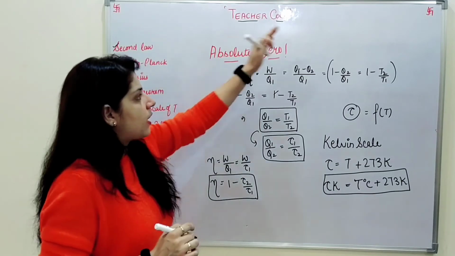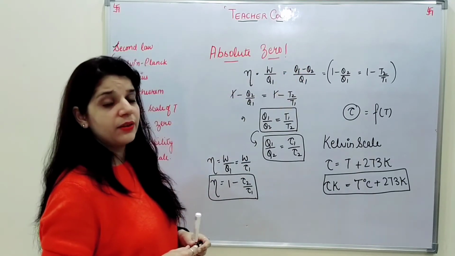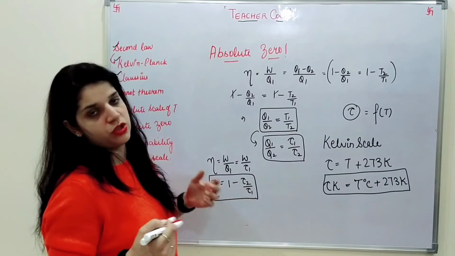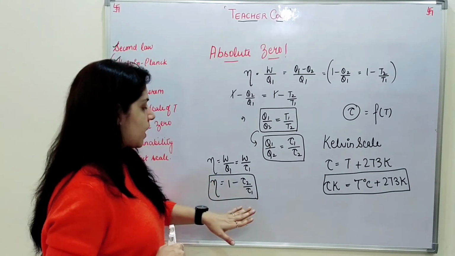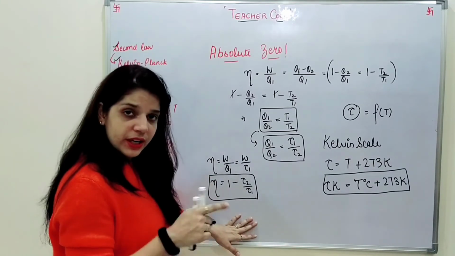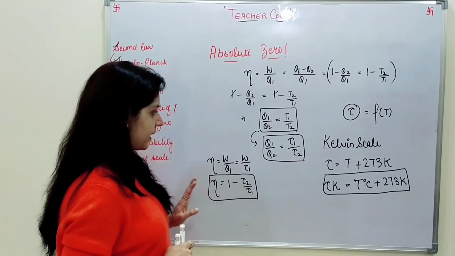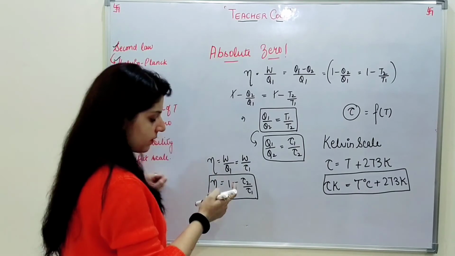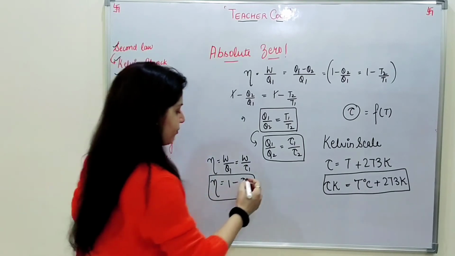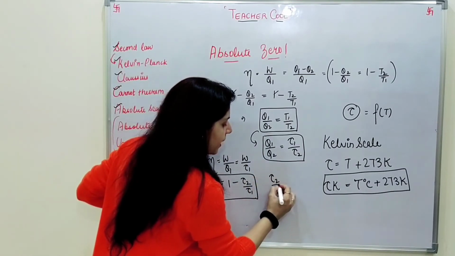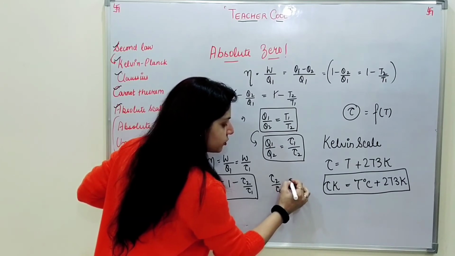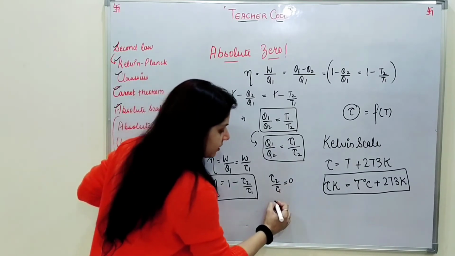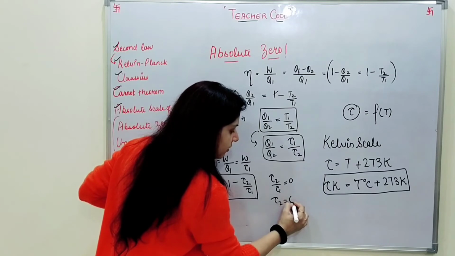Now, Carnot theorem said that we cannot have the efficiency of 1. Why can we not have 1? I'll tell now. For the efficiency to be equal to 1, my ratio of tau 2 by tau 1 should be equal to 0. That means tau 2 is equal to 0.